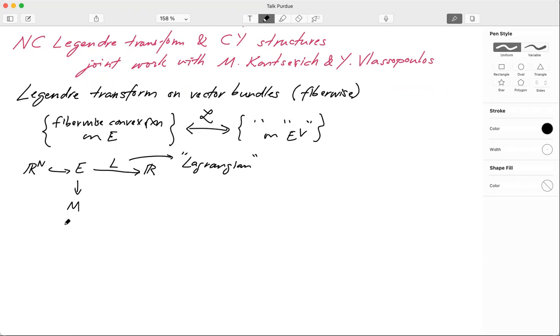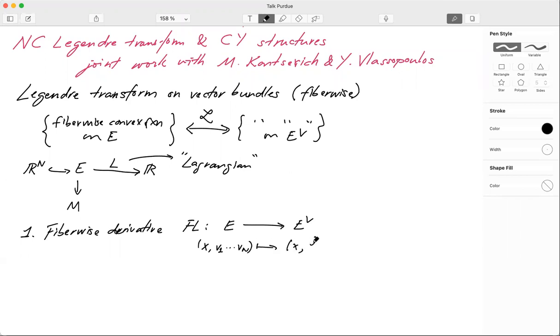So how do you do the Legendre transform? I'm going to separate it into 3 steps. The first step is you construct a map that I'm going to call the fiber-wise derivative. I'm going to give it in coordinates just because it's easier to see. It's a map from E to E dual, and it sends a point x on my manifold with coordinates v1 through vn to the same point on the manifold and dL/dv1 through dL/dvn.